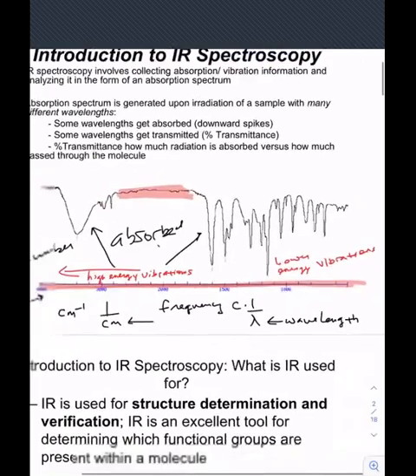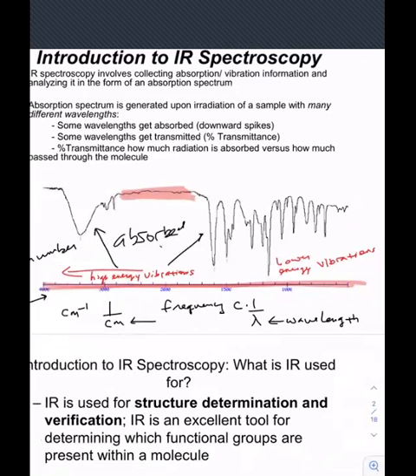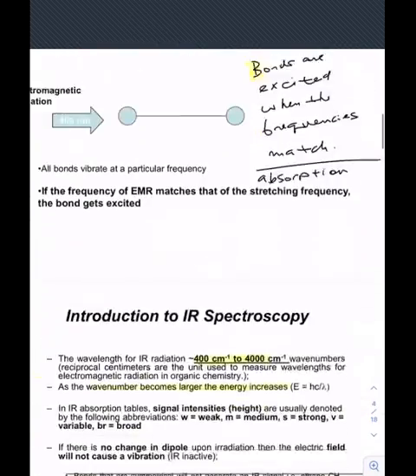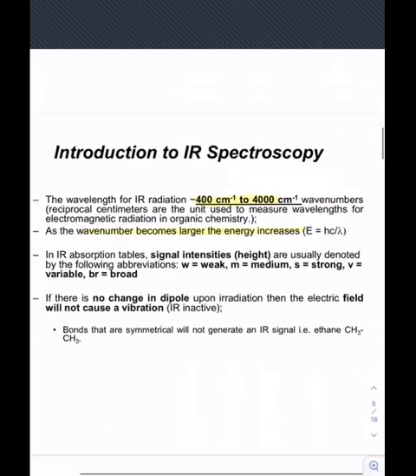Right? Lower energy vibrations on that end, because the wave number is smaller. That means it's a longer wavelength. And so it causes the wave number to be smaller. And again, the wavelength is normally measured in nanometers, but here it is measured in centimeters. So again, it's 400 to 4,000.